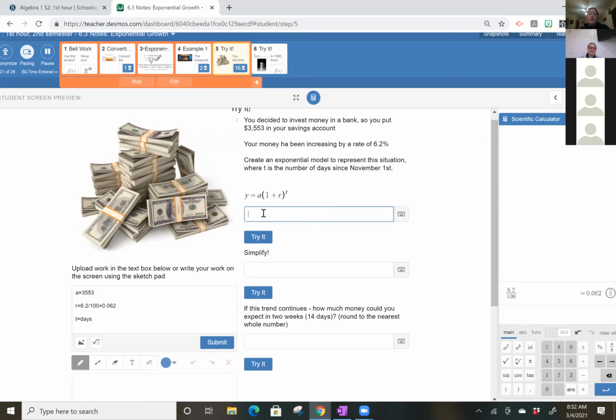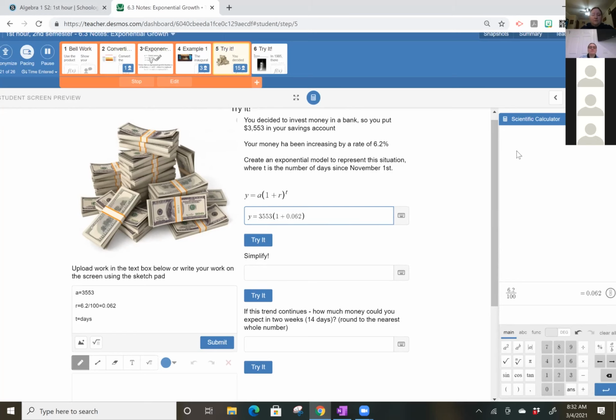All right, now all we're asking you to do is put the information into an equation. So we have y equals, I believe it was Ibrahim that said it's 3,553. And then our decimal. And then raised to the t power.